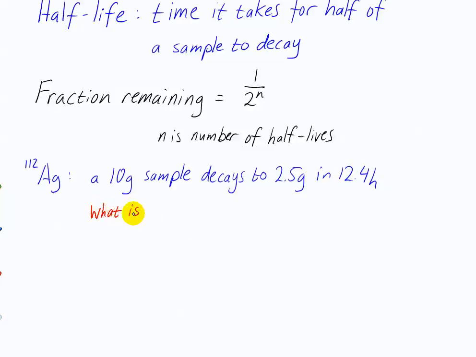And the question is, what's the half-life? To do a problem like this, you have to figure out how many half-lives have happened. If a 10-gram sample becomes 2.5 grams, how many half-lives have there been? 2, right? So 10 grams to 2.5 grams is 2 half-lives.